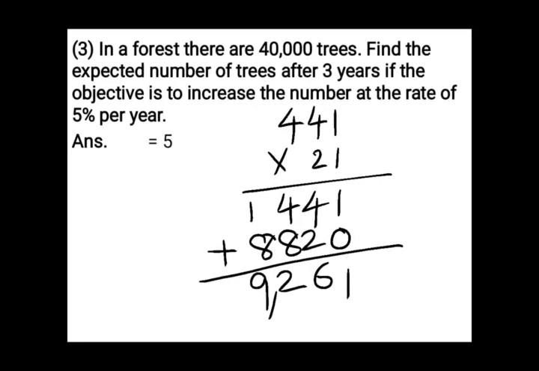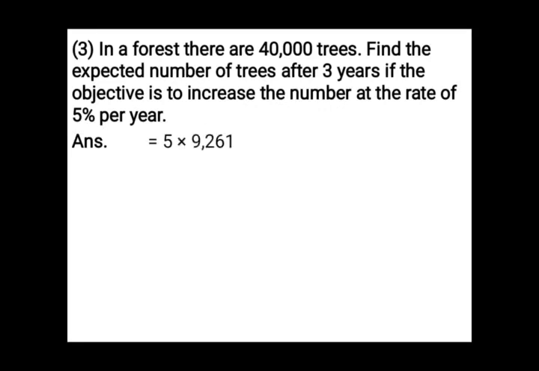That is, cube of 21 is 9261. Now you have to multiply 9261 into 5.